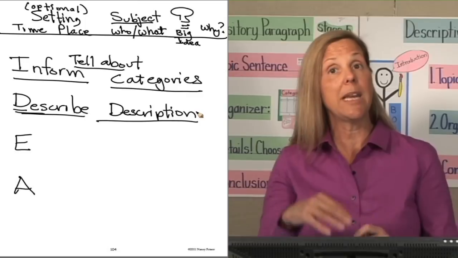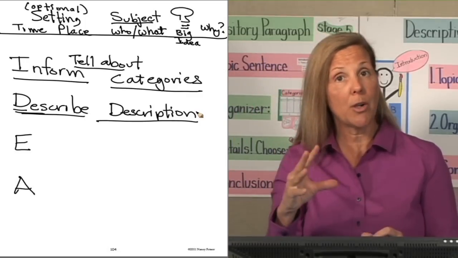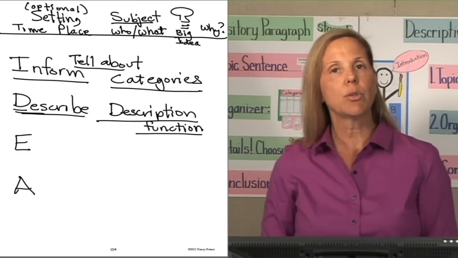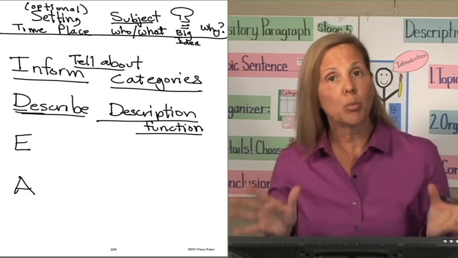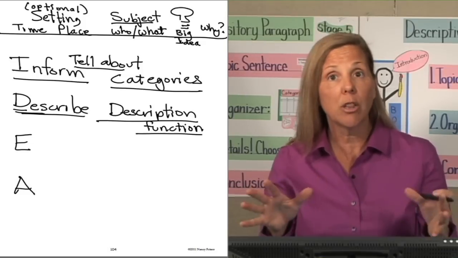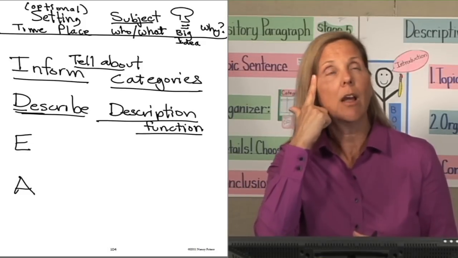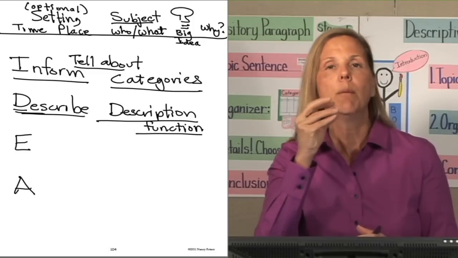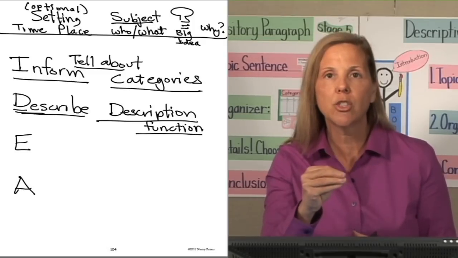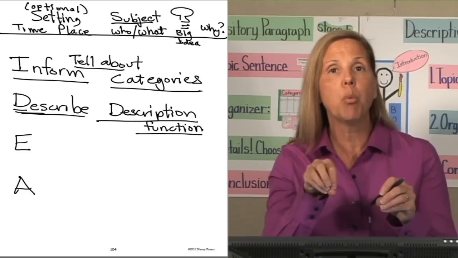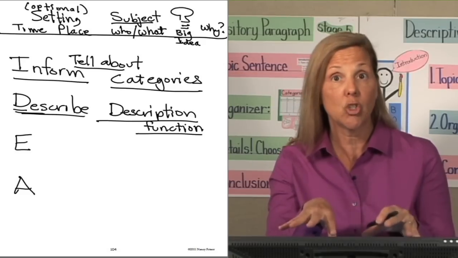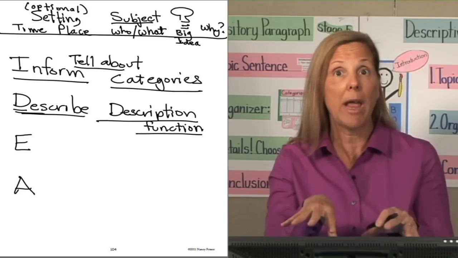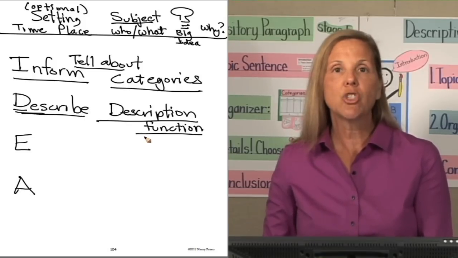There's the description piece, a description of all the parts of the plant, but I will also tell the function of those parts. I will not only describe the roots of a plant, what they look like so the reader will understand, oh, that's what the roots look like, but I will also include the function of them, how they will pull up water, drink the water in the ground, how they will anchor the plant to the soil so it doesn't blow away. That's the function piece.